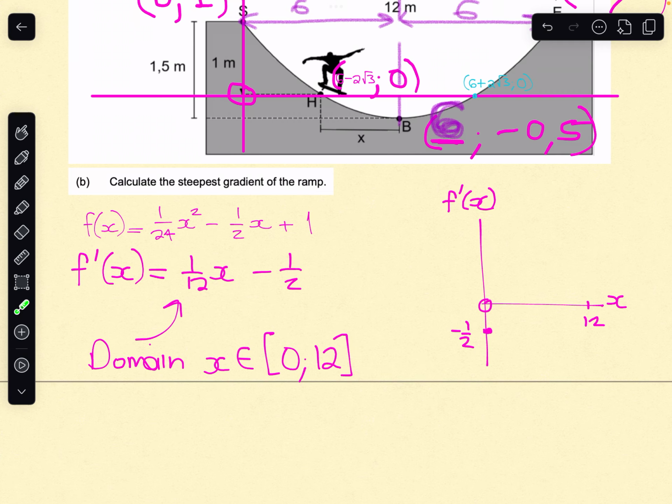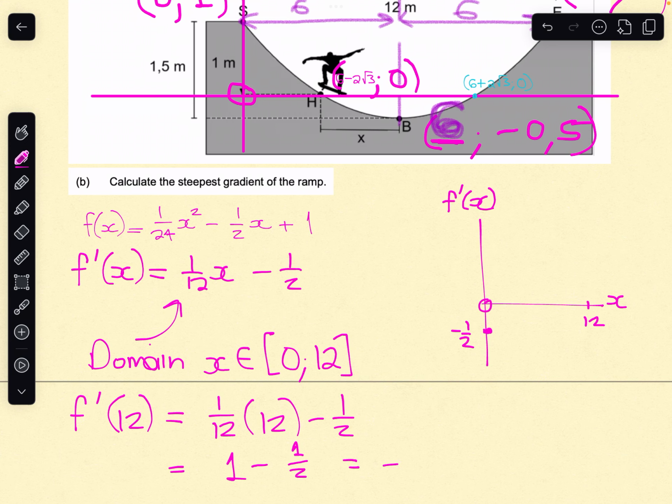And then let's see the end point. When x is equal to 12, we have 1 over 12 times 12 minus a half. 1 over 12 times 12 is just 1, minus a half, which is a half.